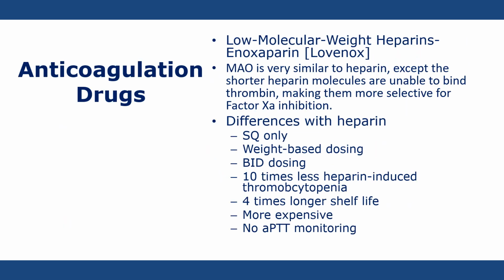Okay, so the second drug under this category is low molecular weight heparin. Generic name enoxaparin, brand name Lovenox. Now, you may come across a situation where the patient needs to be on some kind of anticoagulant medication, and perhaps they were already on heparin, but we are going to discharge this patient from the hospital to home or nursing home or room and board and so forth.